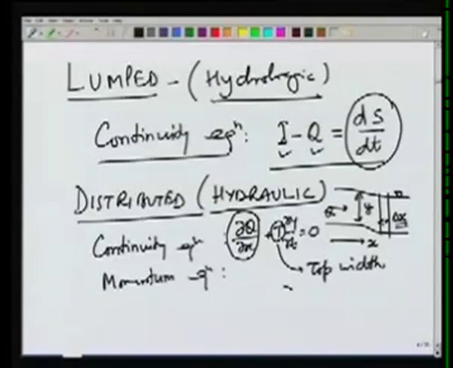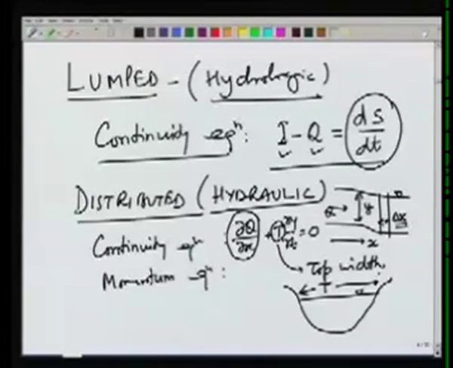So if the channel cross section is like this and water is flowing at this level, then T would be the width at the top of this section. Y is the depth of flow and Q is the discharge. So this gives the continuity equation relating the net inflow with the change in volume within this control volume.